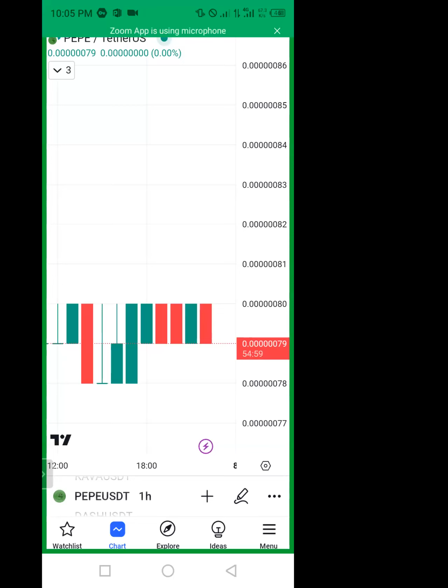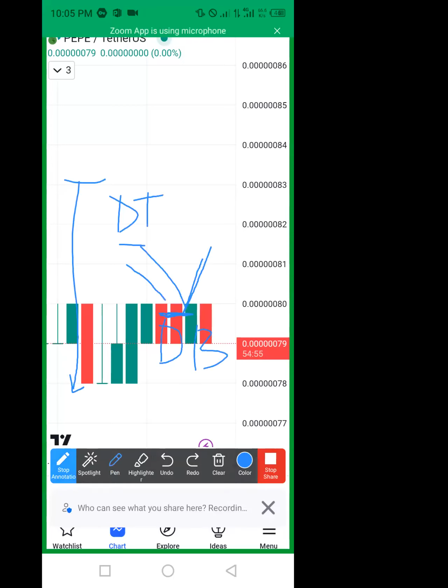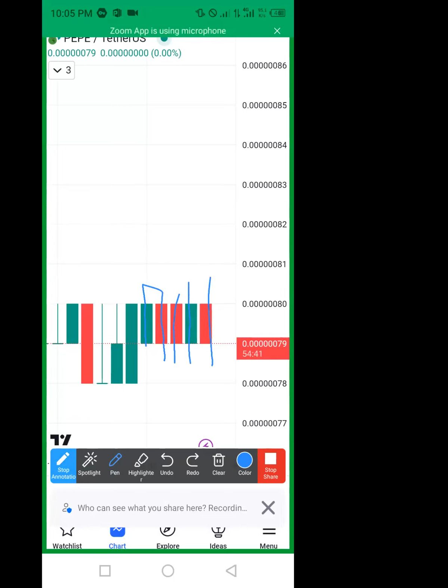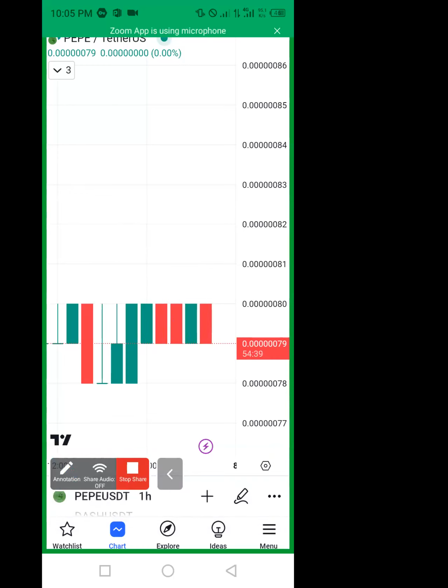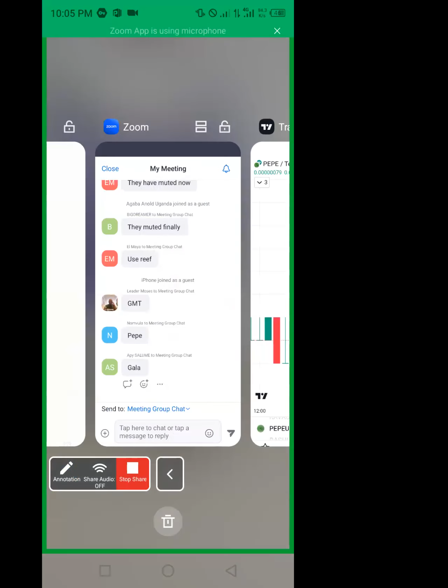Now, when you look at this, the movement that has happened is the same movement coming down and then the selling is too high. And then these ones try to go up to push in some and it is the same movement going down. It is not a good one. Nomvula, that is not a good trade.